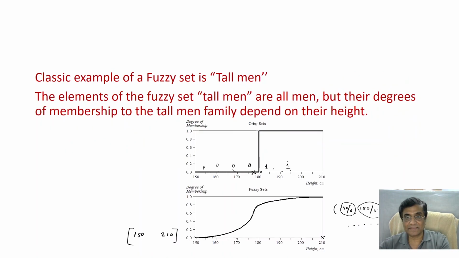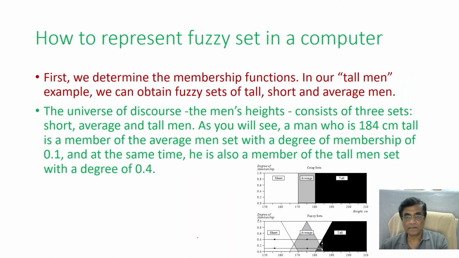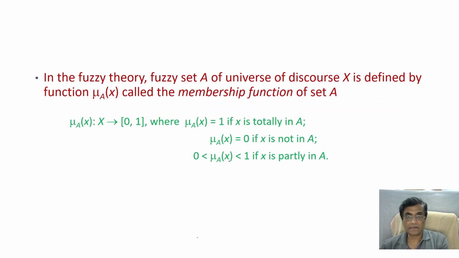So just whatever we have written pictorially here, we are telling. This definitely does not belong to the tall category, this does not belong to the tall category, but these all partially belong to the tall category. So we have defined what fuzzy thinking is all about.